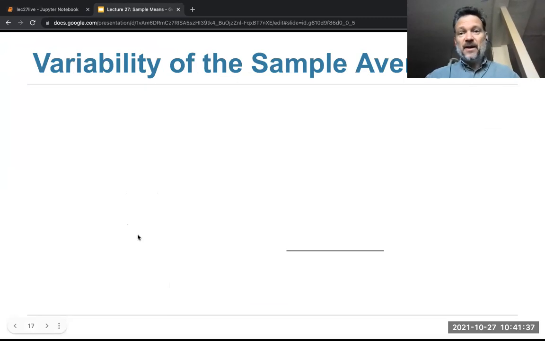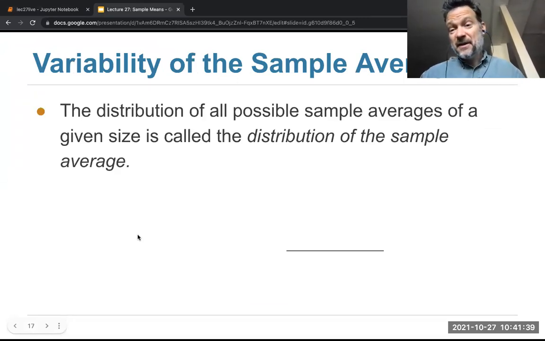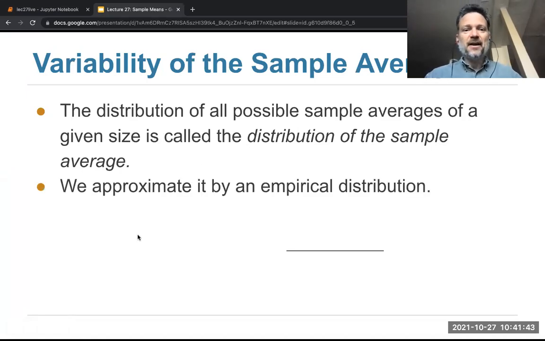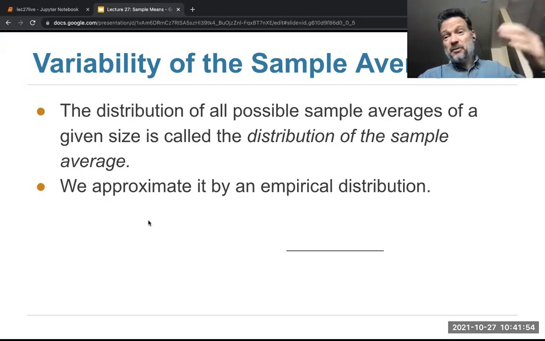And the central limit theorem tells us exactly how that variability works. It says the distribution of the sample averages, let's call that the distribution of the sample mean, that's the distribution of all possible sample means that you could have gotten out of all samples, is approximately normal.